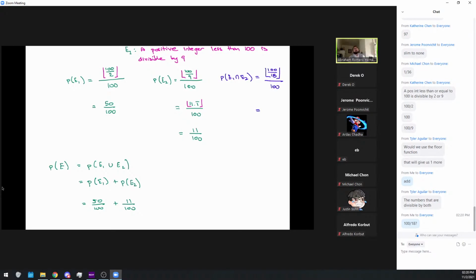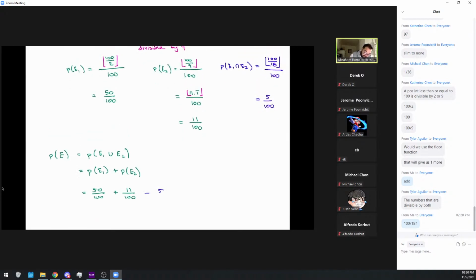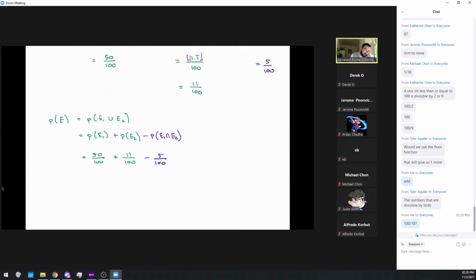Because if they're divisible by both, that means they're divisible by 2 and 9, and the multiple of those is 18. That turns out to be 5, so 5 divided by 100. So we make sure we subtract the intersection, and whatever that is, that's our solution.